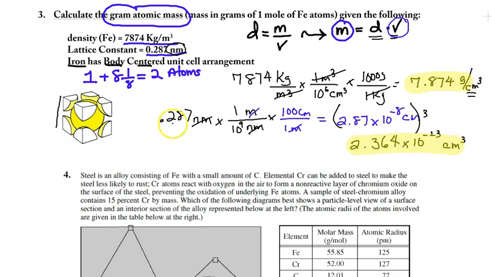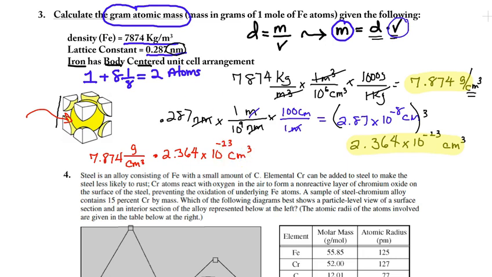I've just got my volume, I have my density, and I can, in units that will cancel, plug in. Understand though, we're going to solve for the mass in the cube. So let's go with my density, which is 7.874 grams per centimeter cubed times 2.364 times 10 to the negative 23 centimeters cubed.